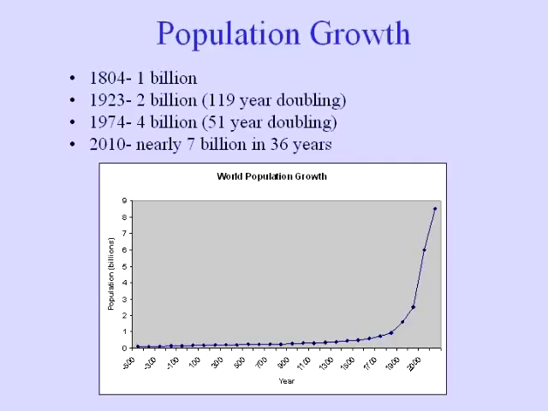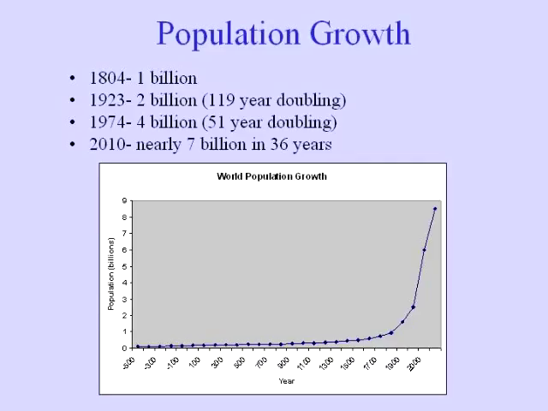Human populations reached 1 billion at the beginning of the 19th century, and it was not until the early years of the 20th century that it doubled in size to 2 billion, a doubling time of about 119 years. However, by 1974, we doubled again, a doubling time of 51 years.